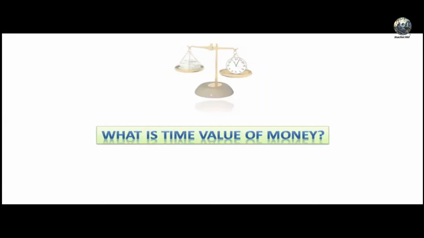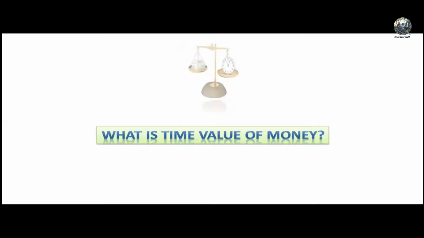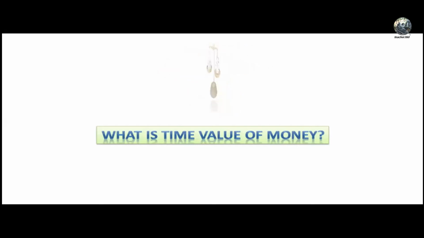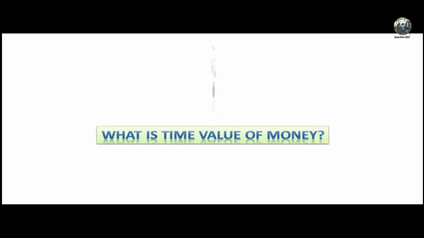So, $1 today would grow to more than $1 later. The trade-off between money now and money later thus depends on the rate you can earn by investing. So our goal in this lesson is to explicitly evaluate this trade-off between dollars today and dollars at some time in the future.